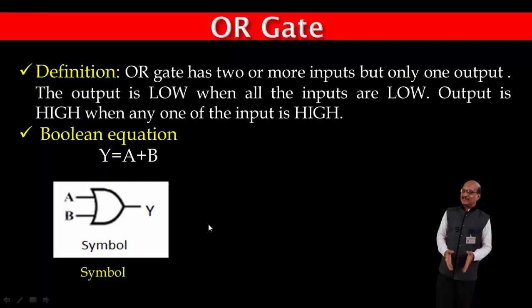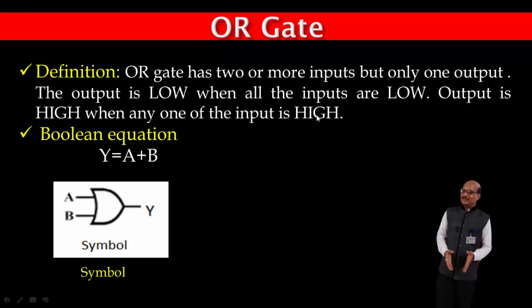Now, the second basic gate is the OR gate. Now, we see the definition of this. The OR gate has 2 or more inputs but only one output. Now, what is the relation between output and input? The output is low when all the inputs are low, and the output is high when any one of the inputs is high.